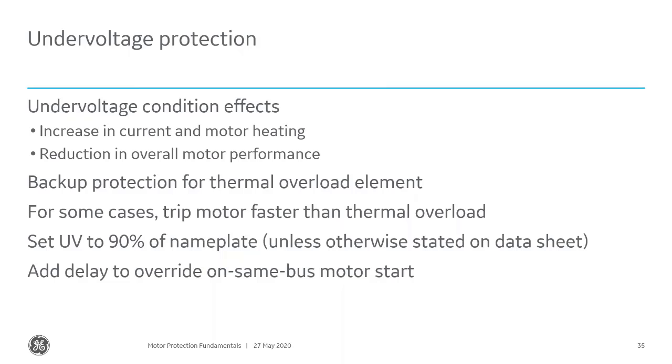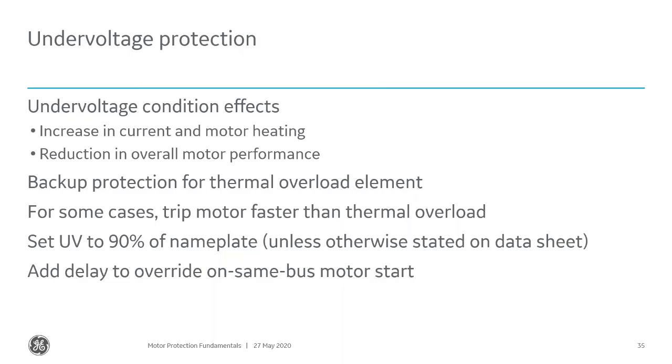But also, you need to set it with a long enough time delay so that you can start those large motors that are going to drag down your bus voltage. So these typically are set with a fairly long time delay.